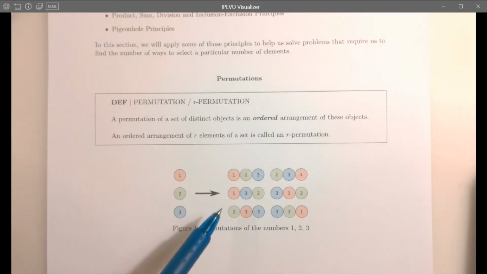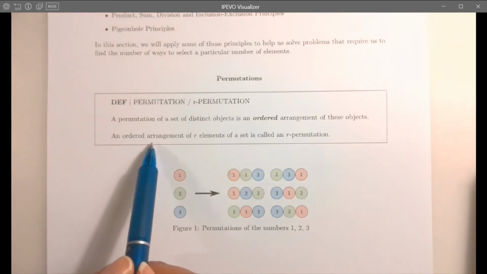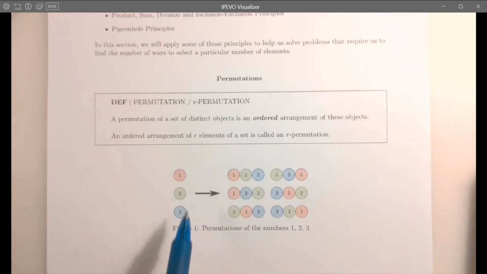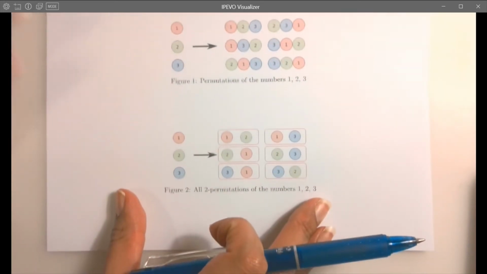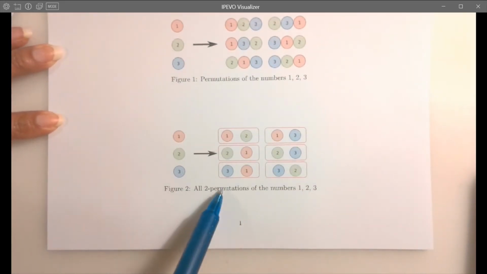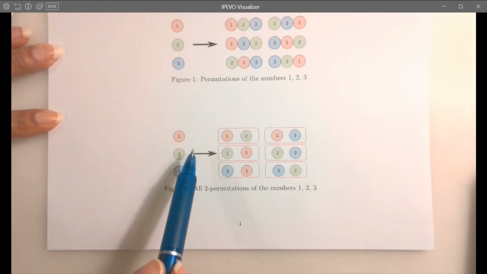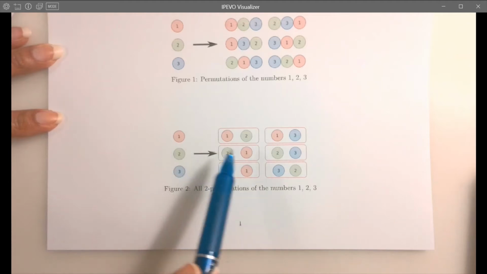Now it is possible to take only part of the elements and permute those. In that case, we call those r-permutations, where r is the number of elements that you're taking from the whole set.